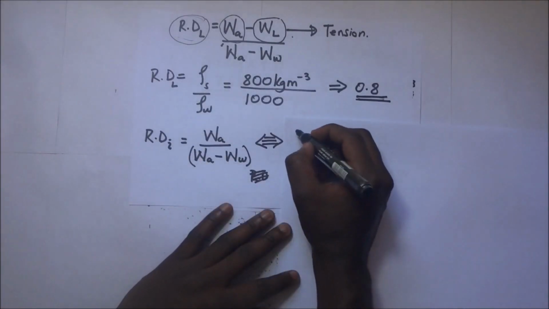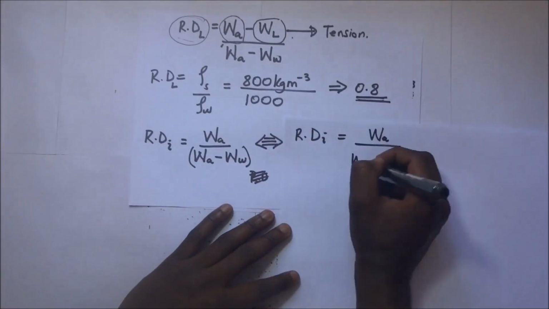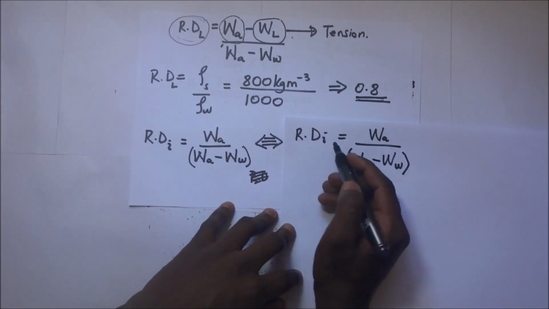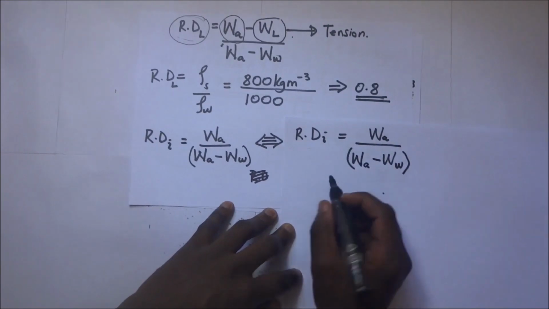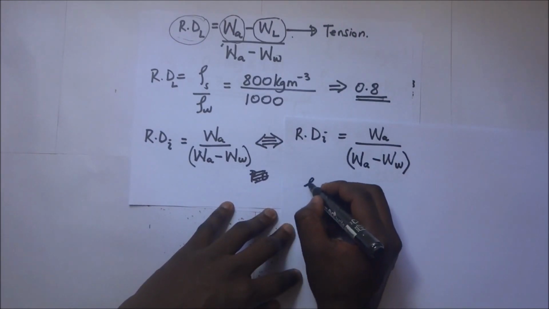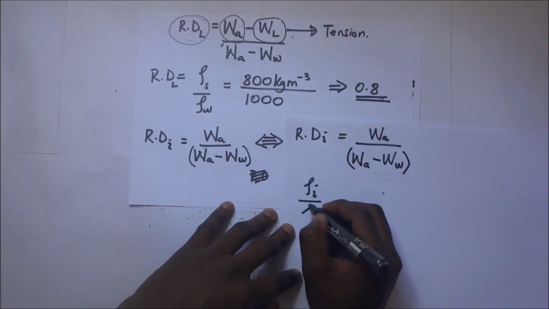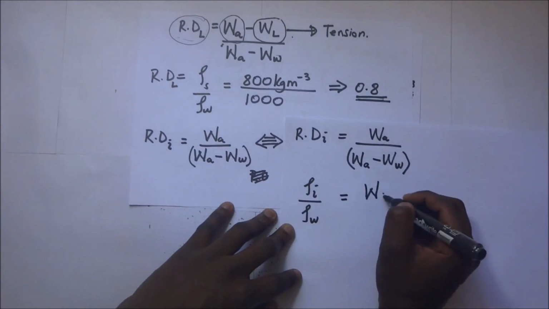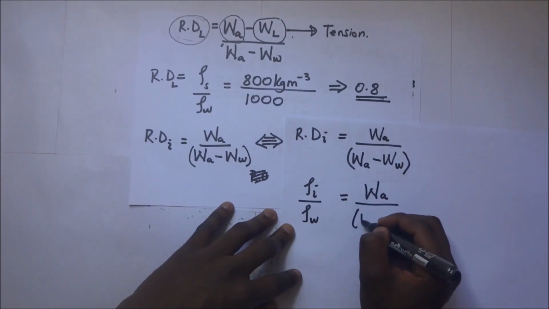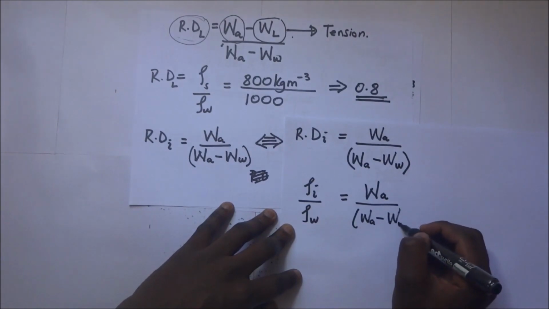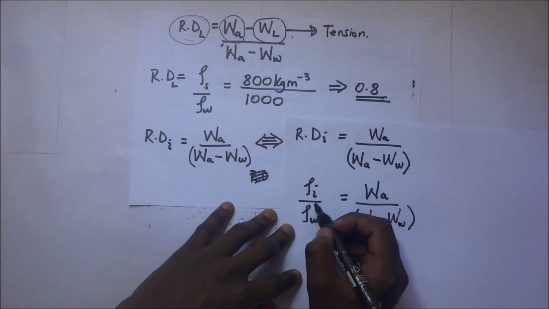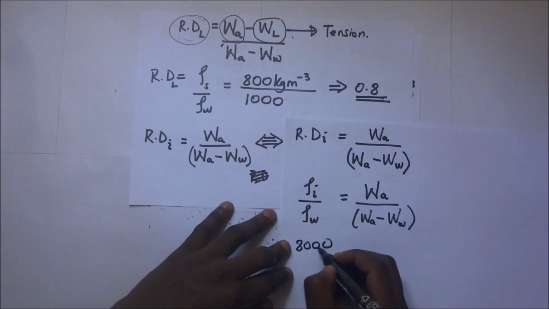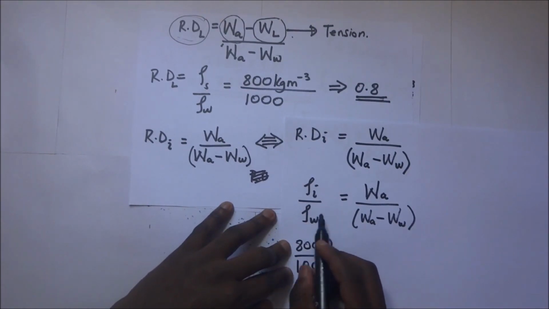If I may write this here, this is the same as saying relative density. Now you realize that the relative density of the solid ion is given by the density of the ion divided by the density of water, which is still going to give us the weight of that ion in air, divided by WA minus W subscript W. The density of this ion according to the question is 8,000, divided by 1,000, the density of water.